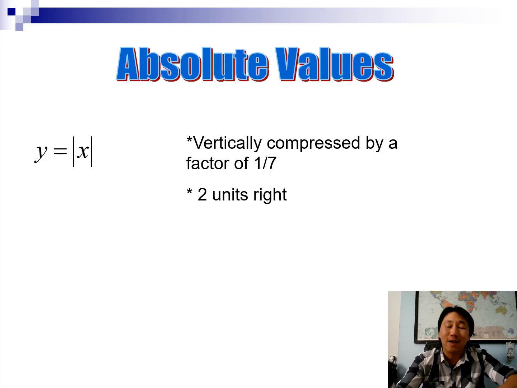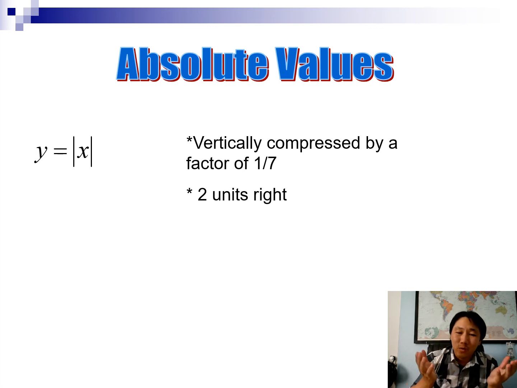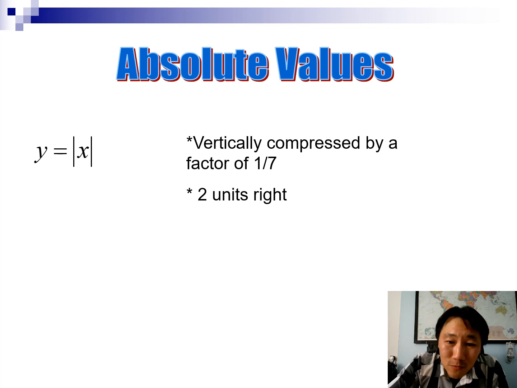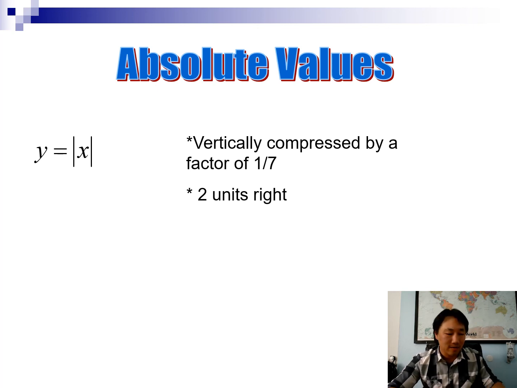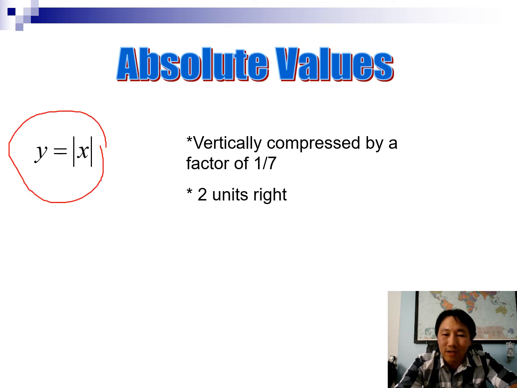All right, and not only does it work with square equations and square root equations, it works with absolute value equations as well. What if I asked you to vertically compress this equation by a factor of 1/7 and then move it 2 units to the right?